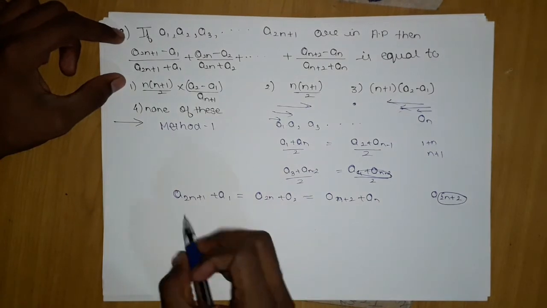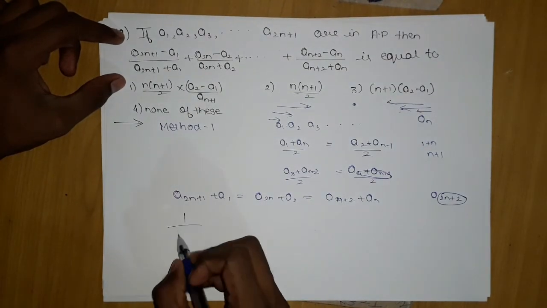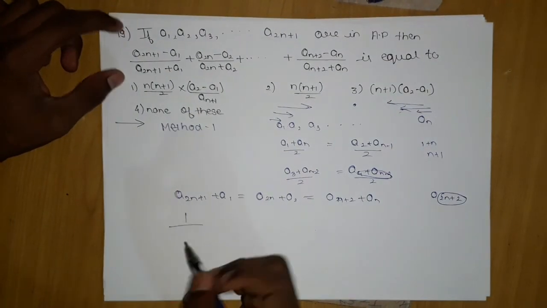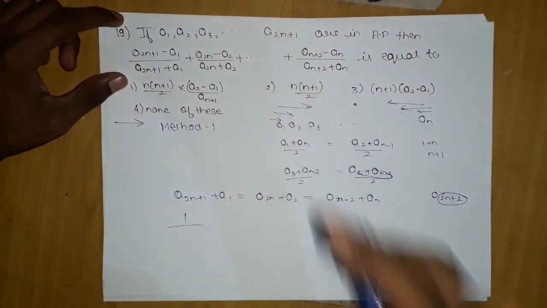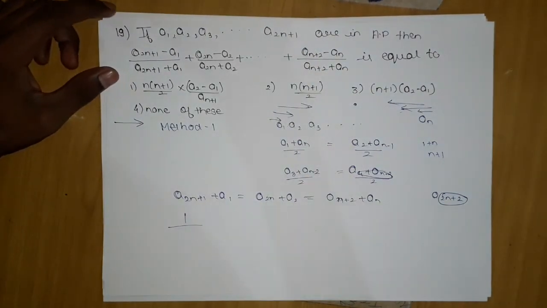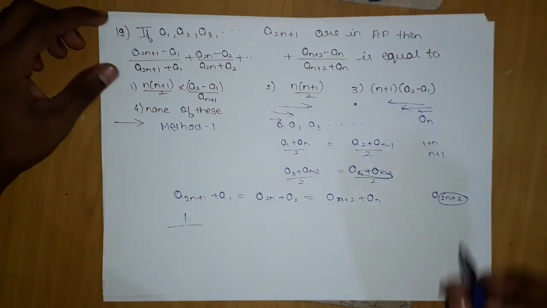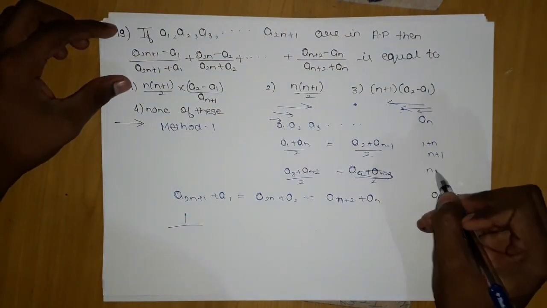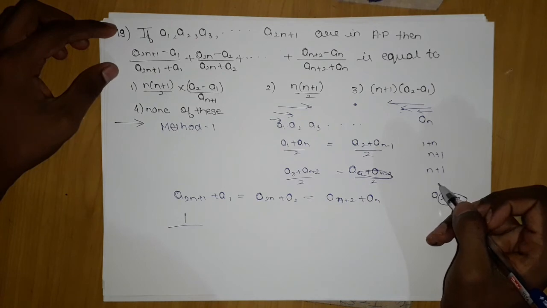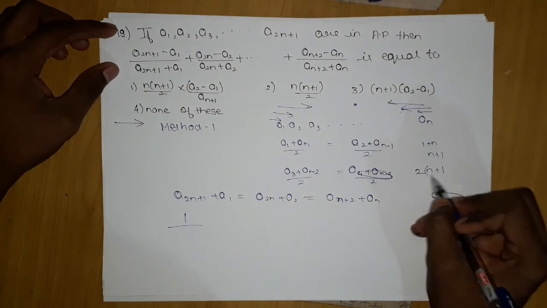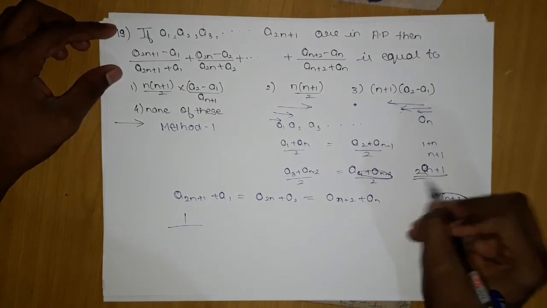So I can take them common. There are 2n+1 terms, which means there will be one middle term. Can we find that middle term? That will be the (2n+1+1)/2, that is, the (n+1)th term, so the middle term is an+1. I told you the sum is twice the middle term.